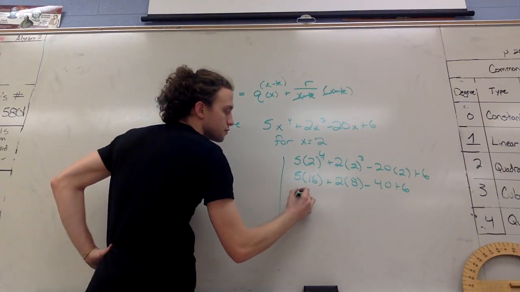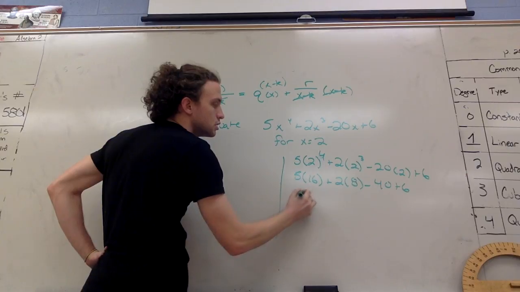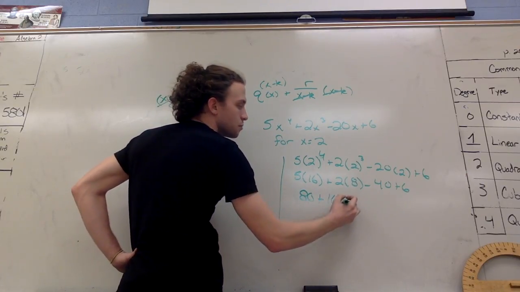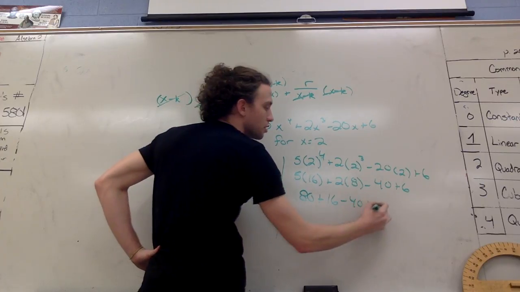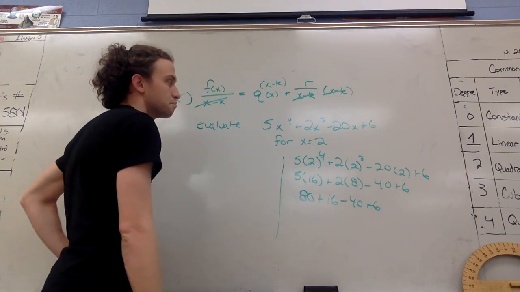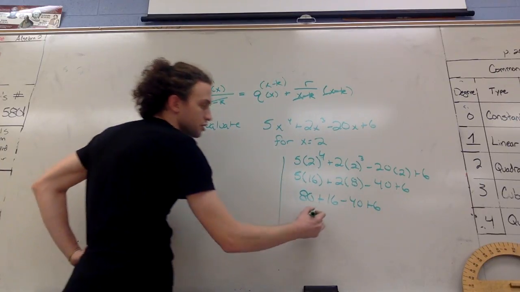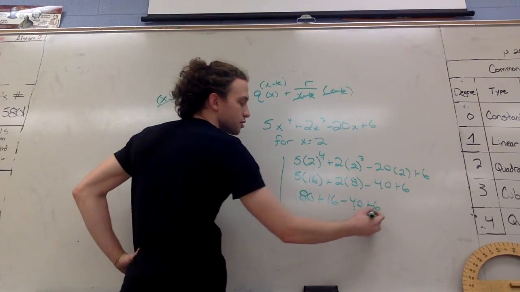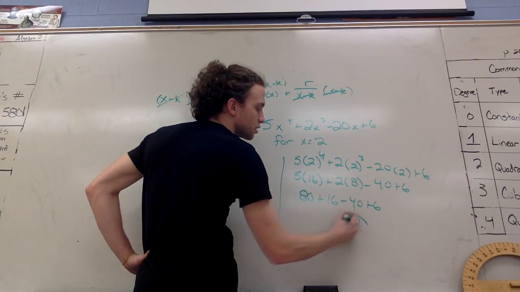Okay, this is 80 plus 16 minus 40 plus 6. This is 96 minus 40 is 56 plus 6 is 62.